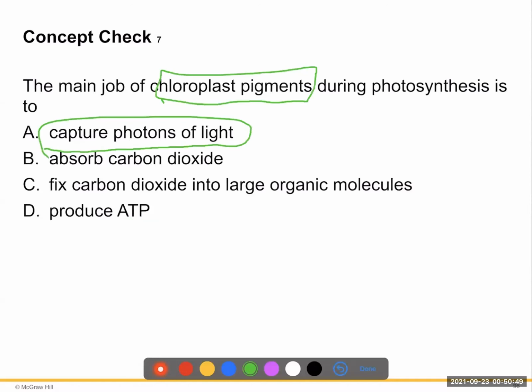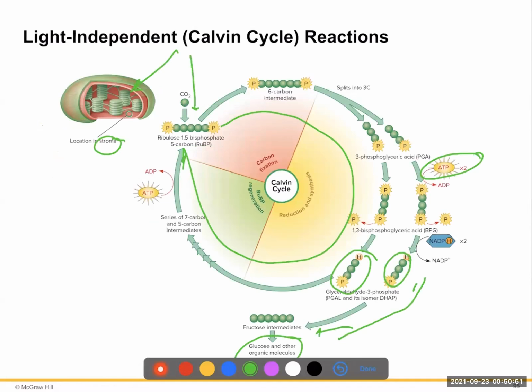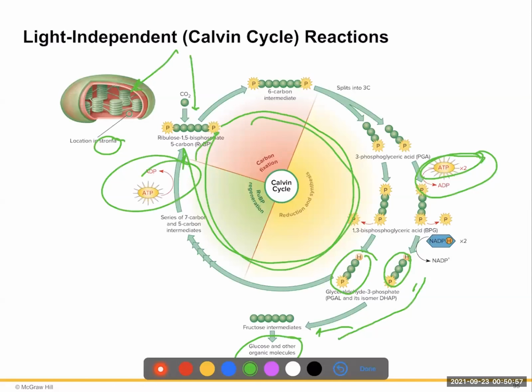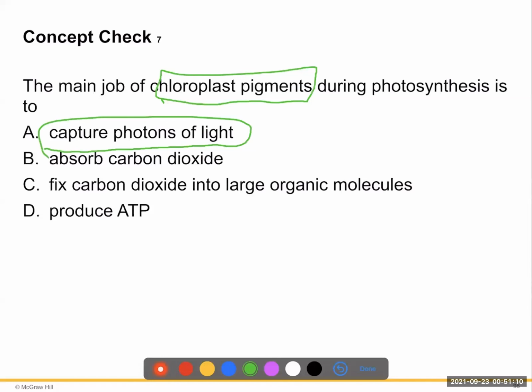If you look back, here's the Krebs cycle, you can see where 2 ATP going to ADP, ADP goes to ATP. So the Calvin cycle in the plant actually uses ATP to fix the CO2. So CO2 just comes in. These green chlorophyll pigments absorb energy from the sunlight, and that's what powers it. So the main job of the chloroplast pigments is to capture photons of light.